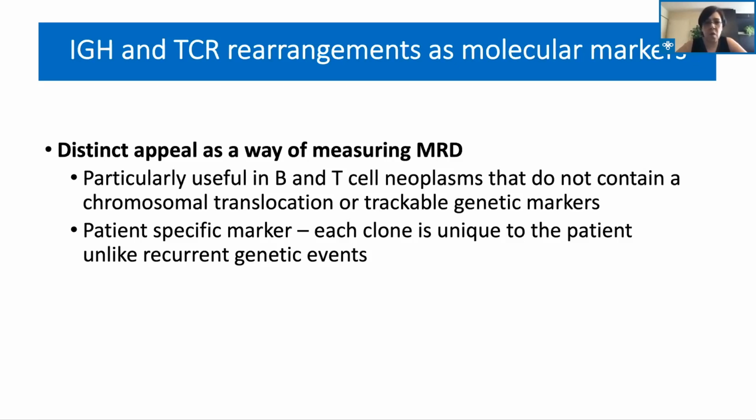Patients with a specific rearrangement that can be diagnosed at the time of initial diagnosis usually have clones that are not only unique to the patient, but also highly stable and highly trackable, unlike recurrent genetic events, which may disappear and appear even if the patient has disease.